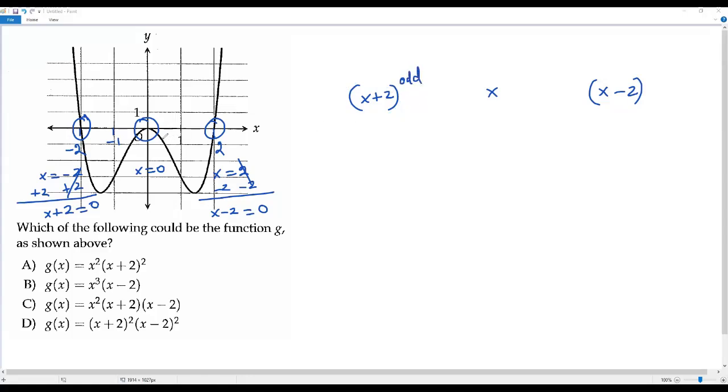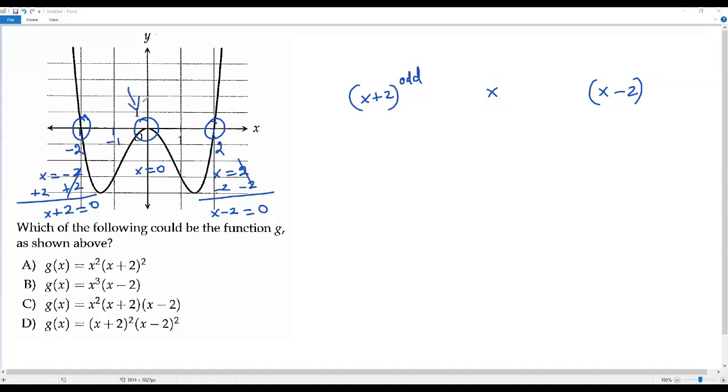Now let's consider the second x-intercept, that is x equals 0. At this x-intercept, the graph does not cross the x-axis, it just touches the x-axis. At a particular x-intercept, if the graph touches the x-axis and does not cross it, then we have to take an even exponent for the corresponding factor. So for this x-intercept, the corresponding factor is x.